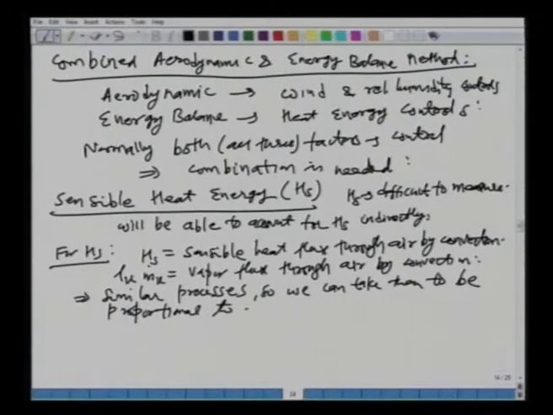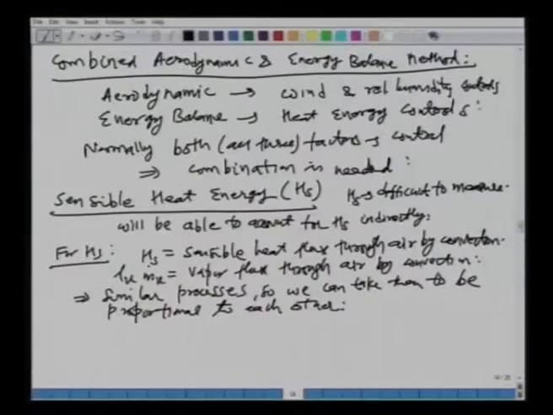Why? Because both of these processes are caused by convection in the air. Whatever the convective condition is, that will dictate Hs, and that will also dictate the vapor flux. So, if we take the ratio of these two, then that will be constant. And then we try to find that constant. Once we know one part, we would know the other one.